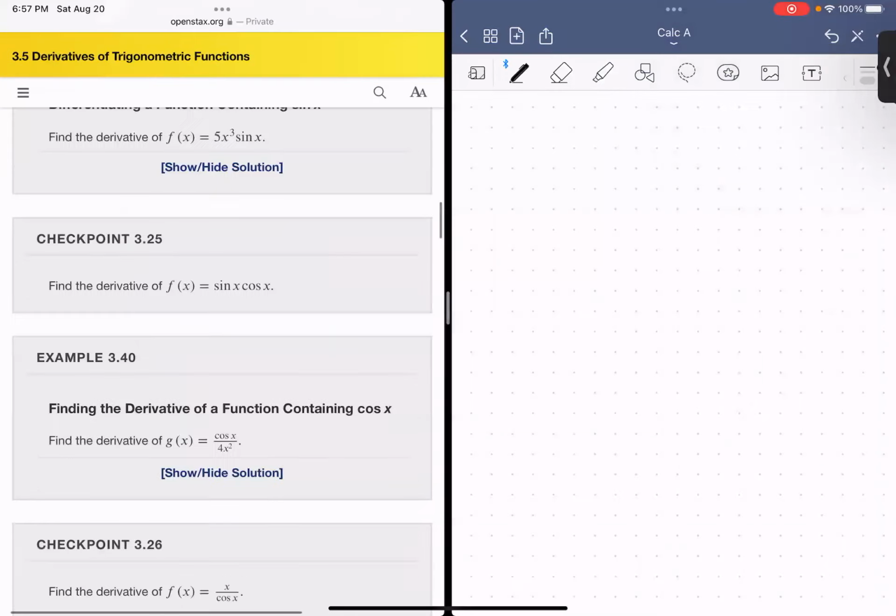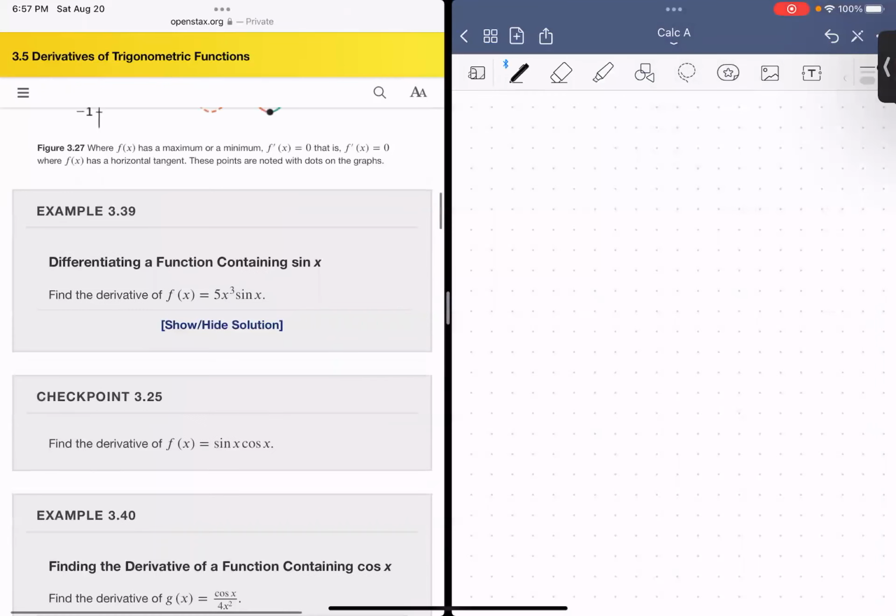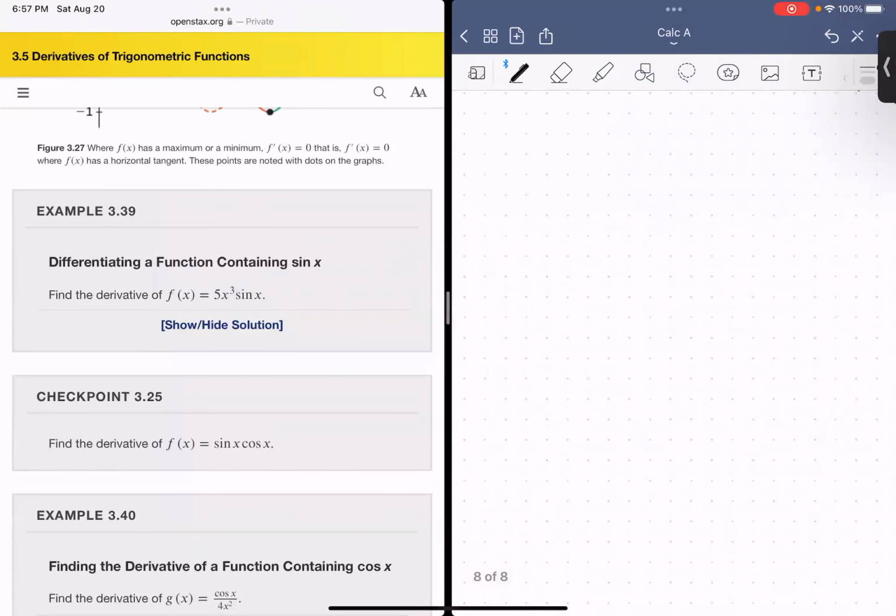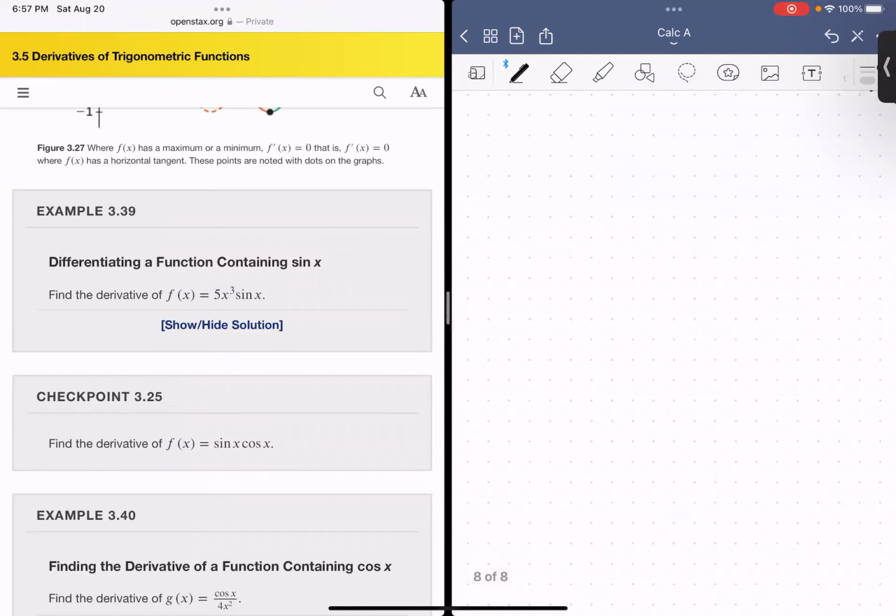Okay, so we're going to go ahead and start on one problem, example 3.39. In this problem, it's asking us to find the derivative of the function f of x equals 5x cubed sine x.